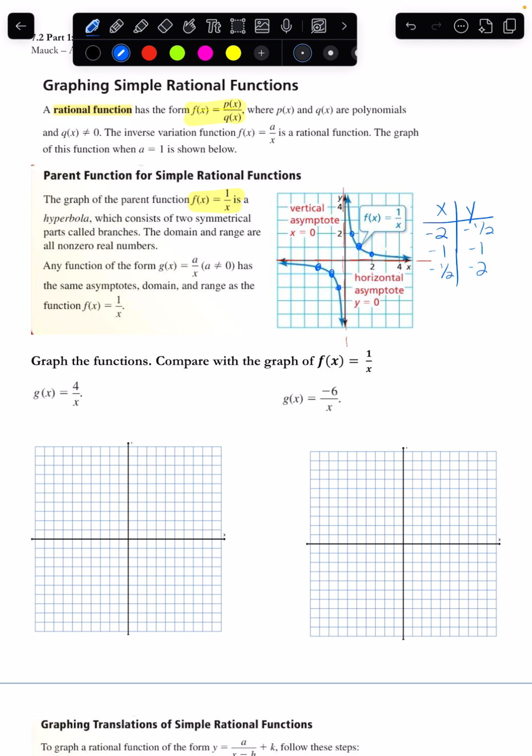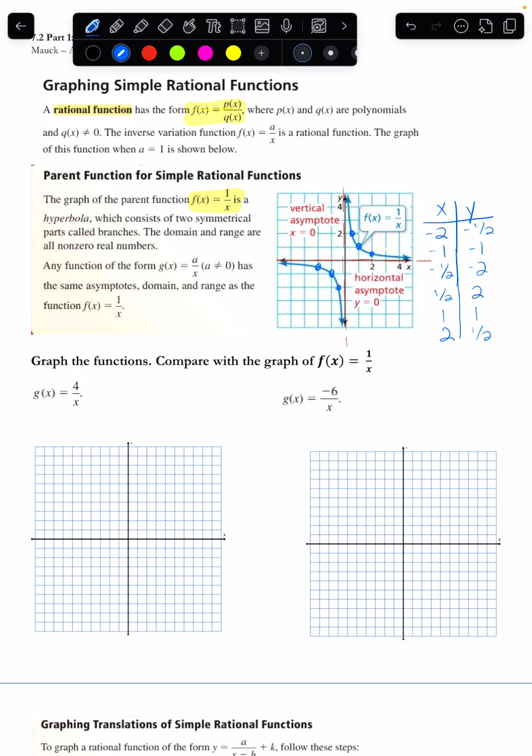Beyond that, you do get into some smaller fraction values past -2, and if you did like -1/4 for the x. On the right side curve, you have basically those same points, except everything is positive. So if you did 1/2, you would have a 2. If you did 1, you have a 1 for the y. And then if you put in a 2 for the x, you would get a 1/2.